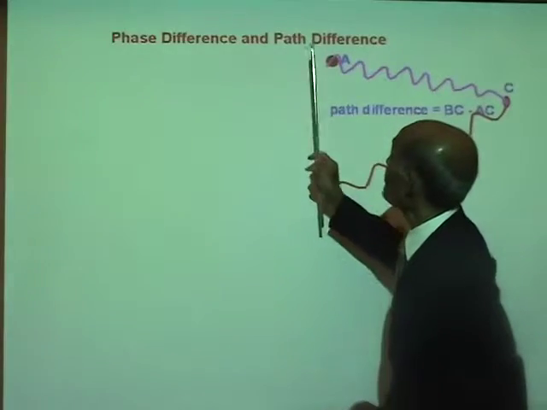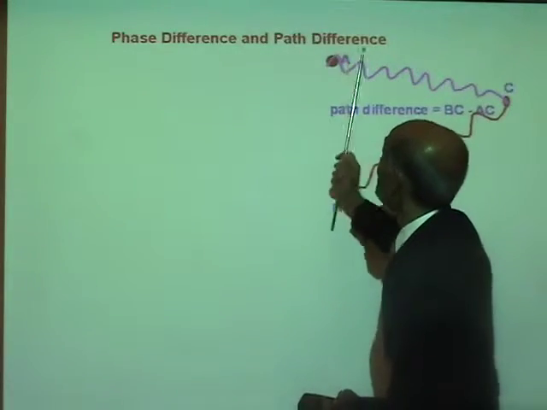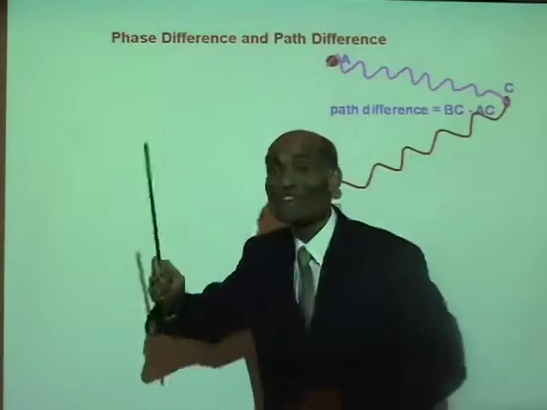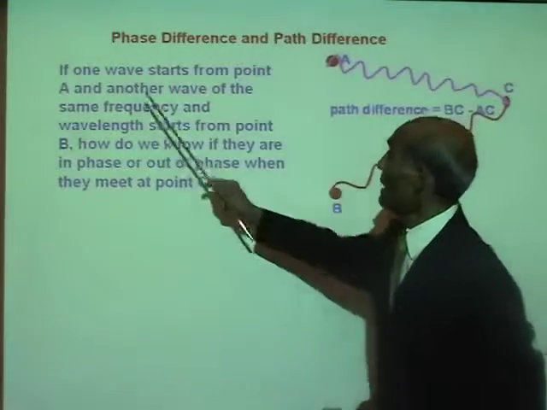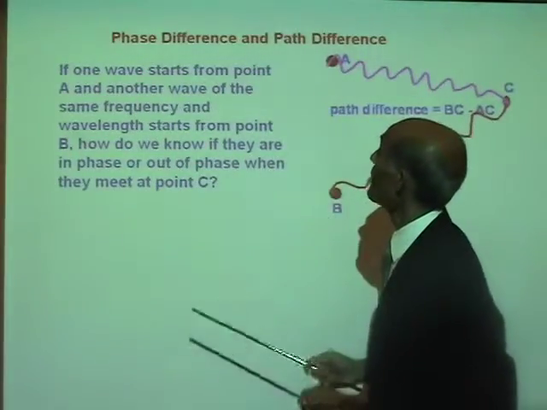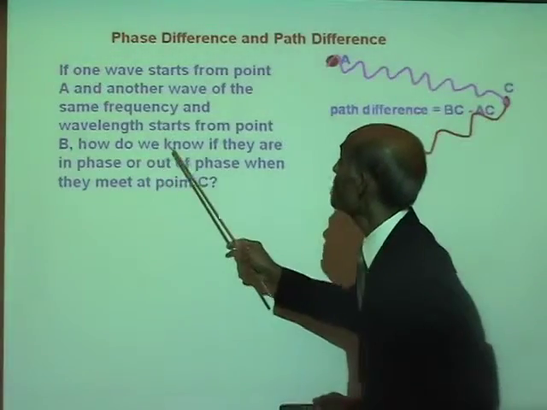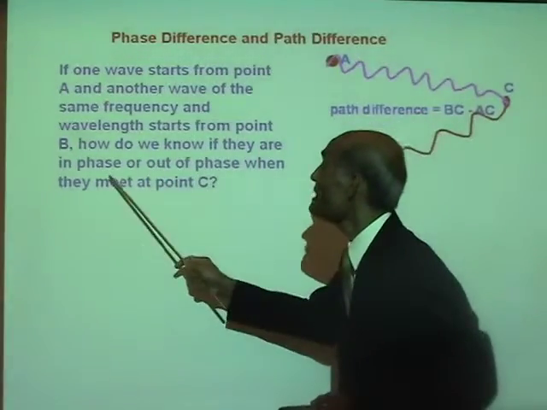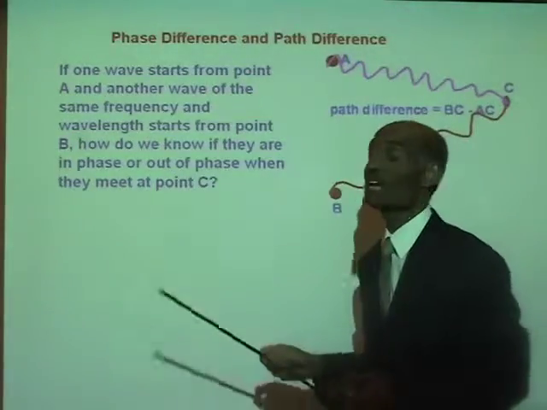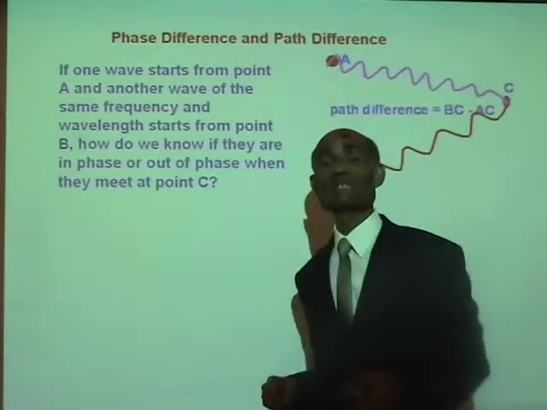Now, we're going to discuss how the path difference is related to phase difference. One wave starts from point A, another wave starts from point B. How do we know if they are in phase or out of phase when they meet at C?